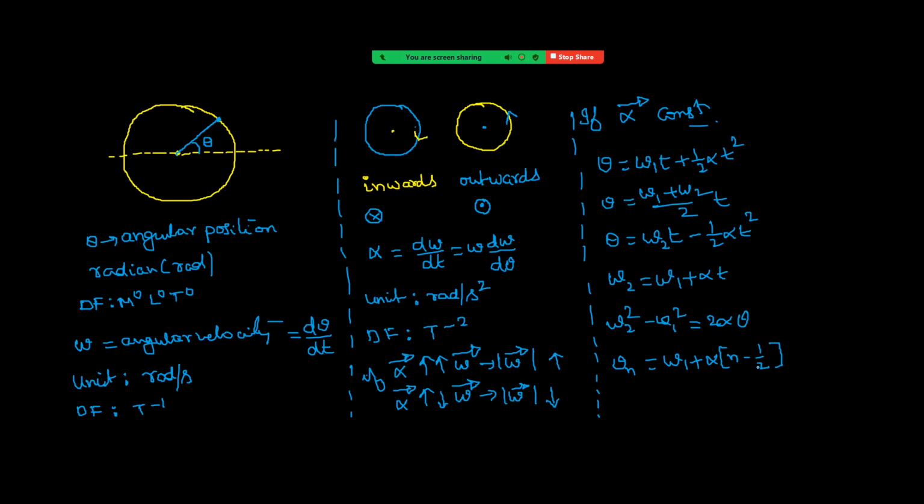So whatever we have learned in kinematics 1D, same thing repeats. So this is now kinematics of SHM in terms of angular quantities. Okay, I hope you got clarity.